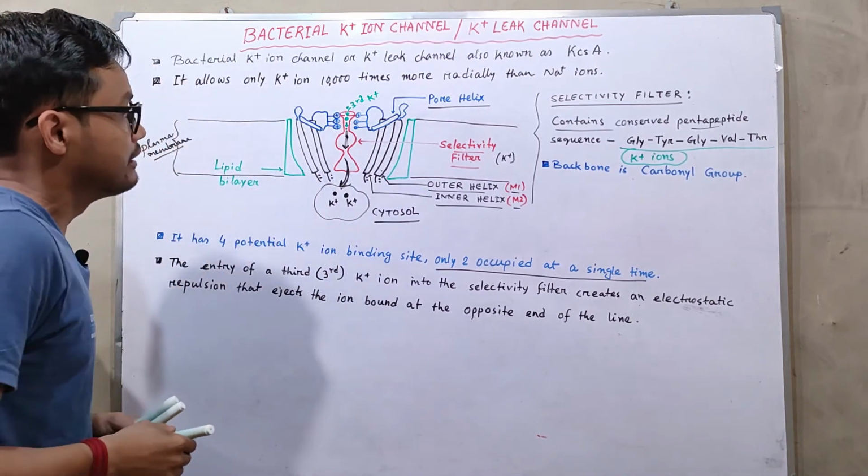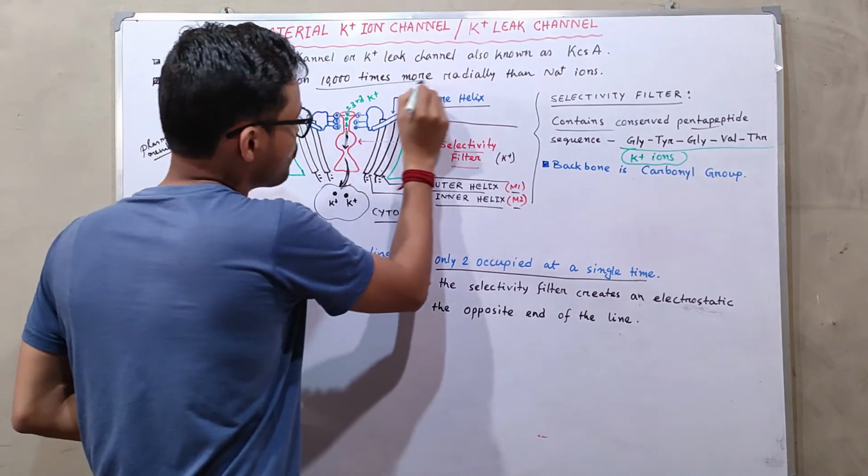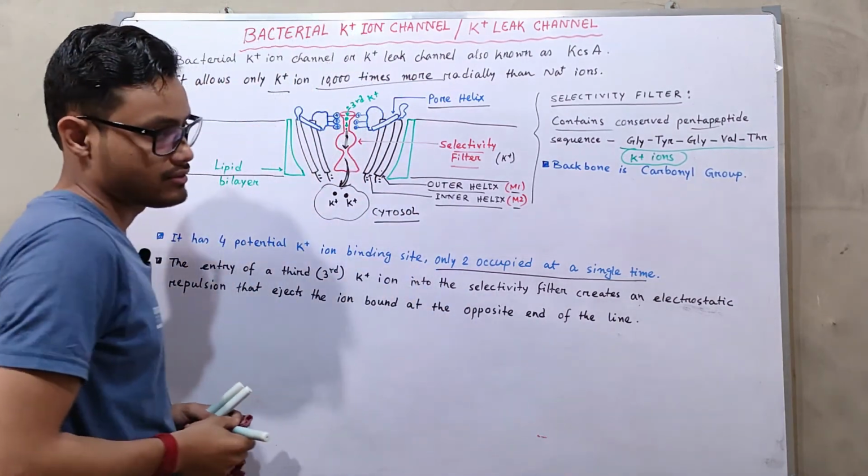So the selectivity filter allows K plus ions 10,000 times more readily than sodium ions.